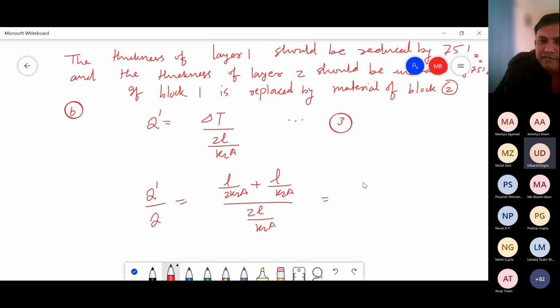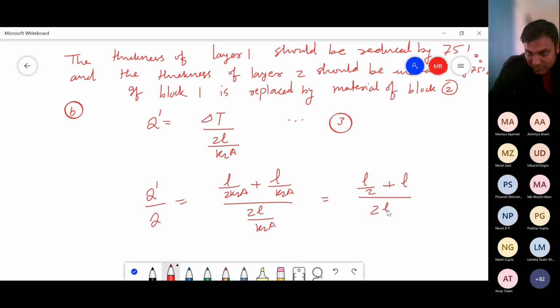So we get L by 2 plus L, divided by 2L. Correct? So 2L plus 1L, that will be 3L by 2, and that 2 comes here. So 3 by 4.